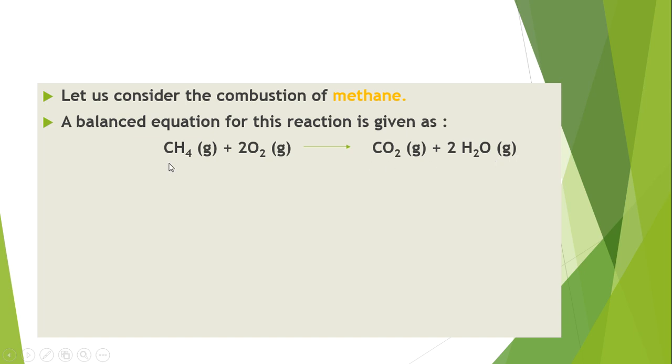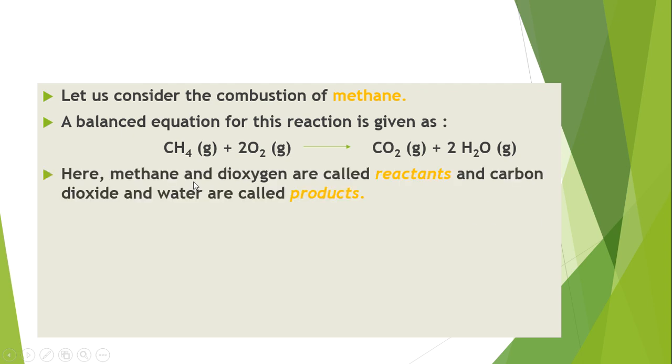And we know that this is CH4 plus O2 gives CO2 plus H2O. Now, which are the reactants and which are the products here? Methane, that is CH4, and oxygen, or you can read it as dioxygen, are the reactants, and carbon dioxide and water are the products.